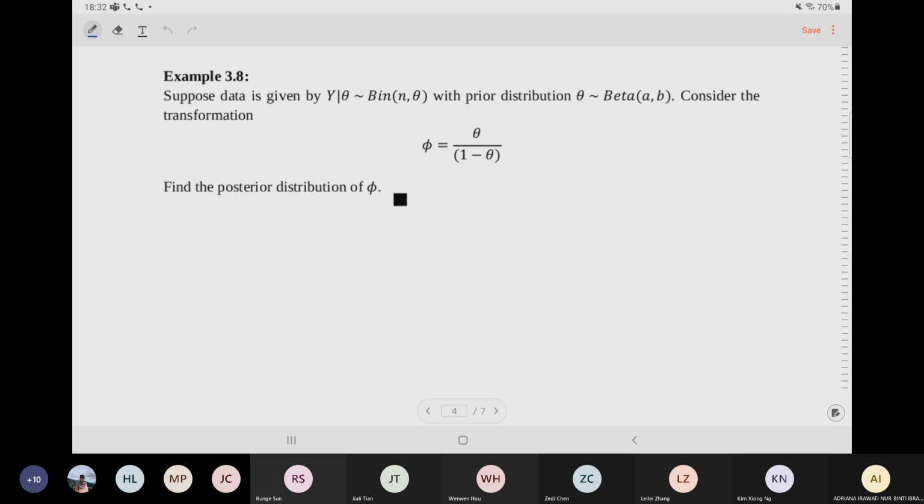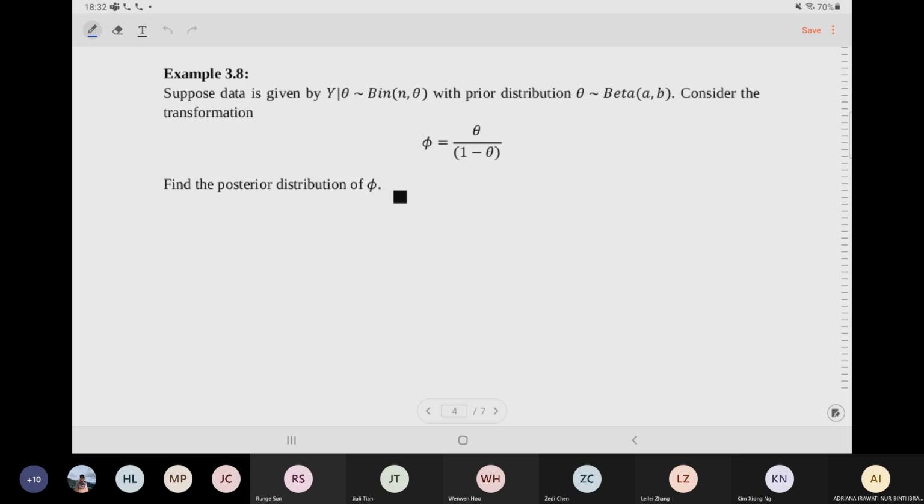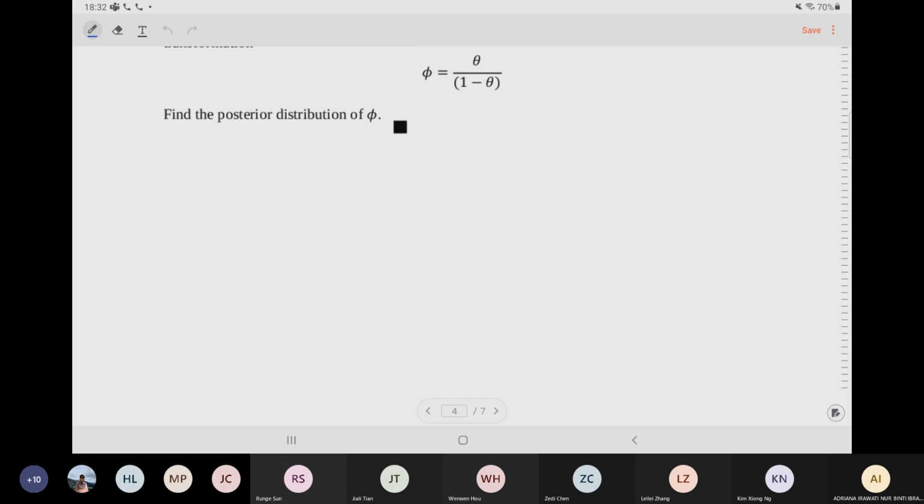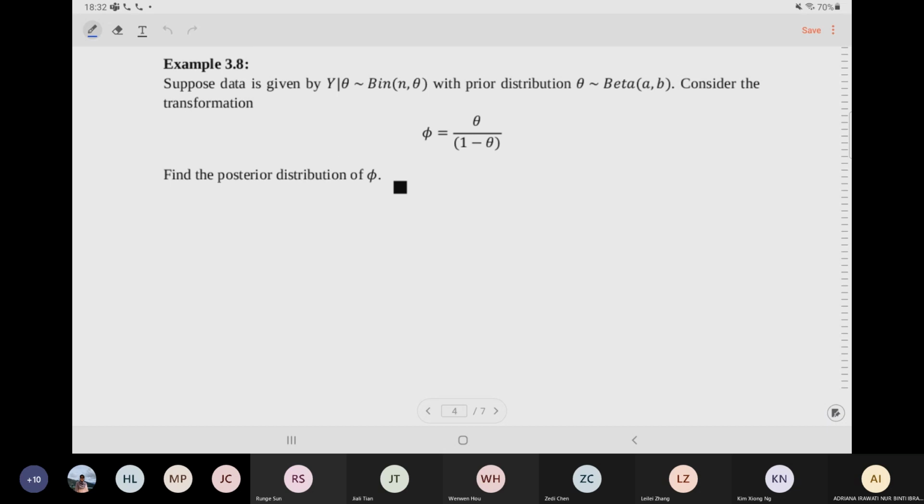Now if you have the prior, the prior is a beta(a, b).